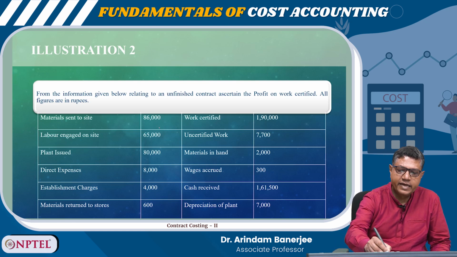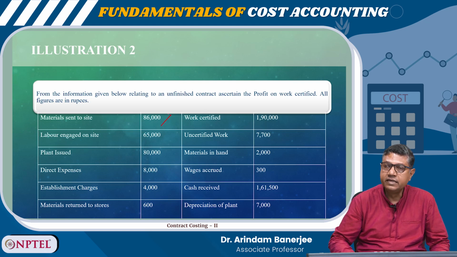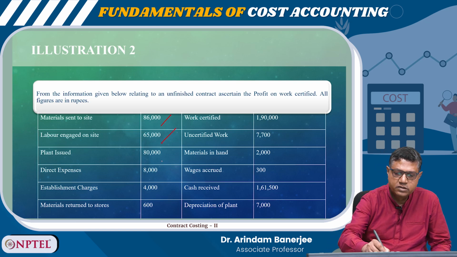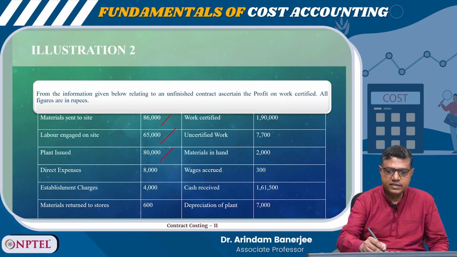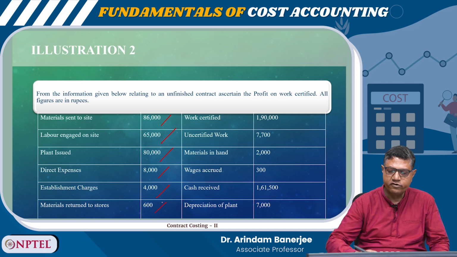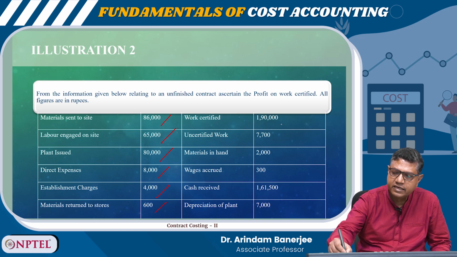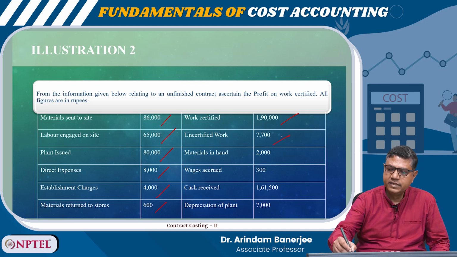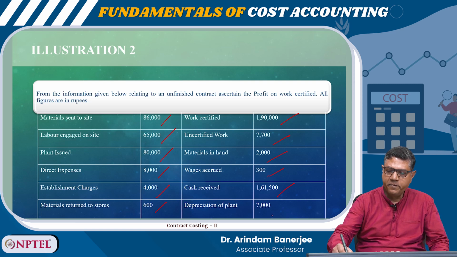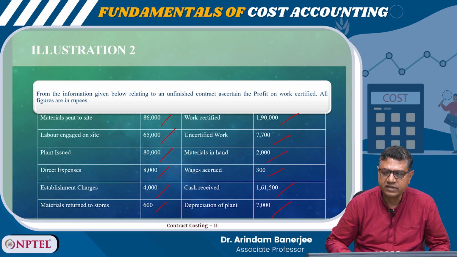First is material sent to site 86,000, labor engaged on site 65,000, plant issued 80,000, direct expenses 8,000, establishment charges 4,000, materials returned to stores 600, and the work certified is 1,90,000, uncertified work 7,700, materials in hand 2,000, wages accrued 300, cash received 1,61,500, and depreciation of plant is 7,000, right.